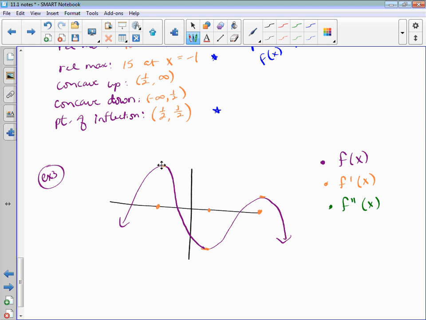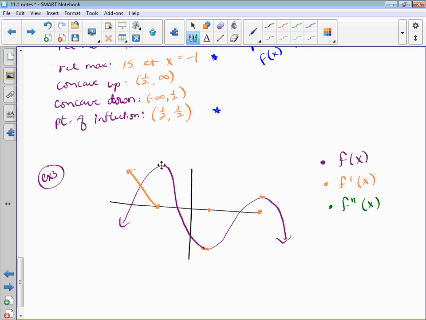Okay. As I start over on the left side of my graph there, is it increasing or decreasing, the purple graph? Increasing. What does that mean about the graph of my derivative? Will it be above the x-axis or below the x-axis? Above. So I know that something like that is happening. Okay?